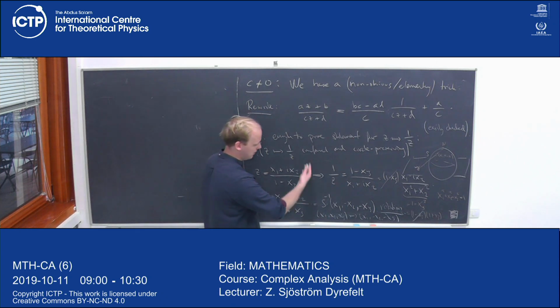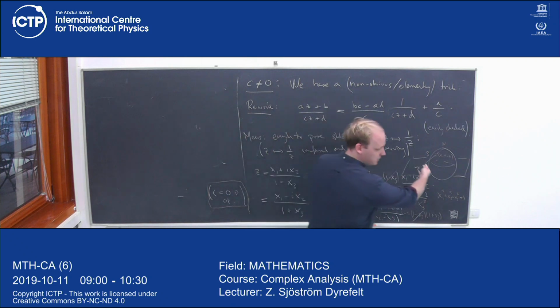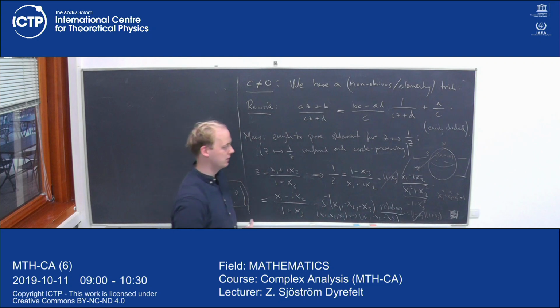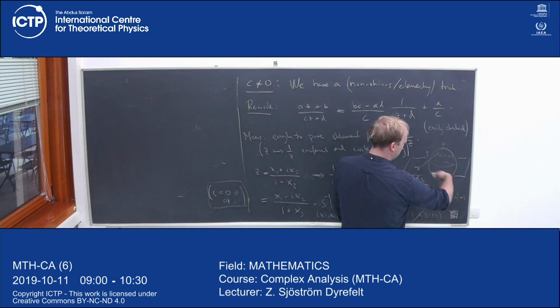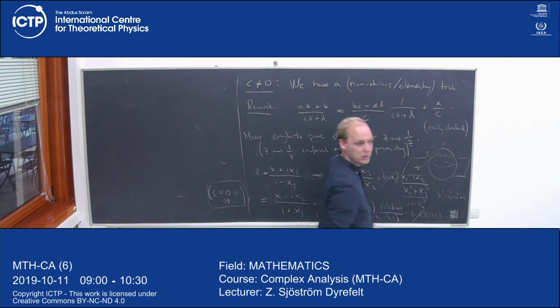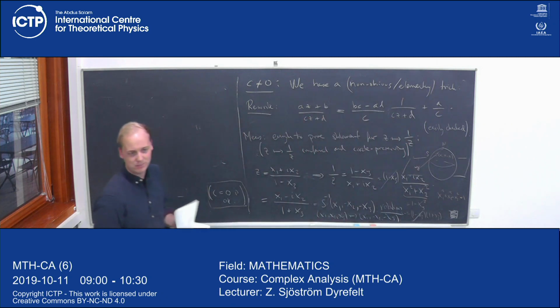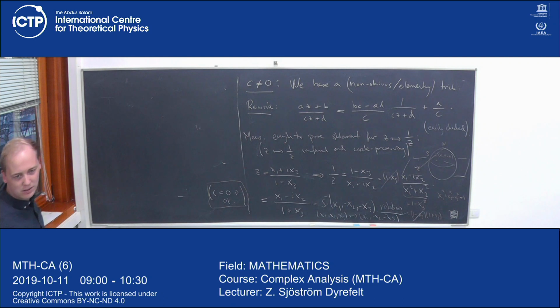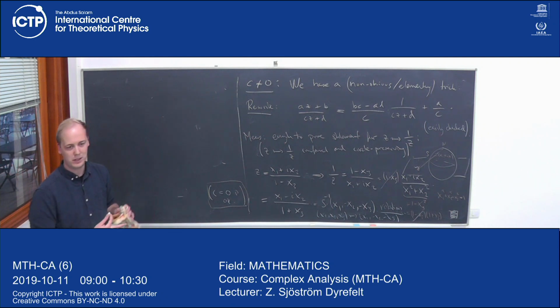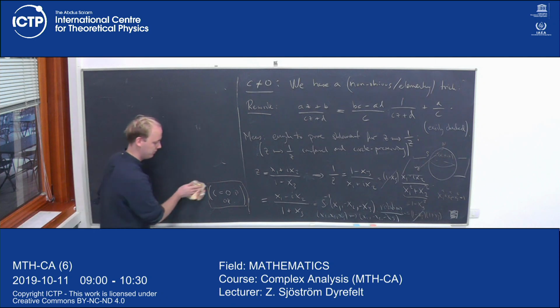Then we showed that 1 over Z corresponds to a rotation on the extended complex plane, so on the Riemann sphere. And so rotations clearly preserve angles, orientation, and clearly preserve circles. So this proves the statement.